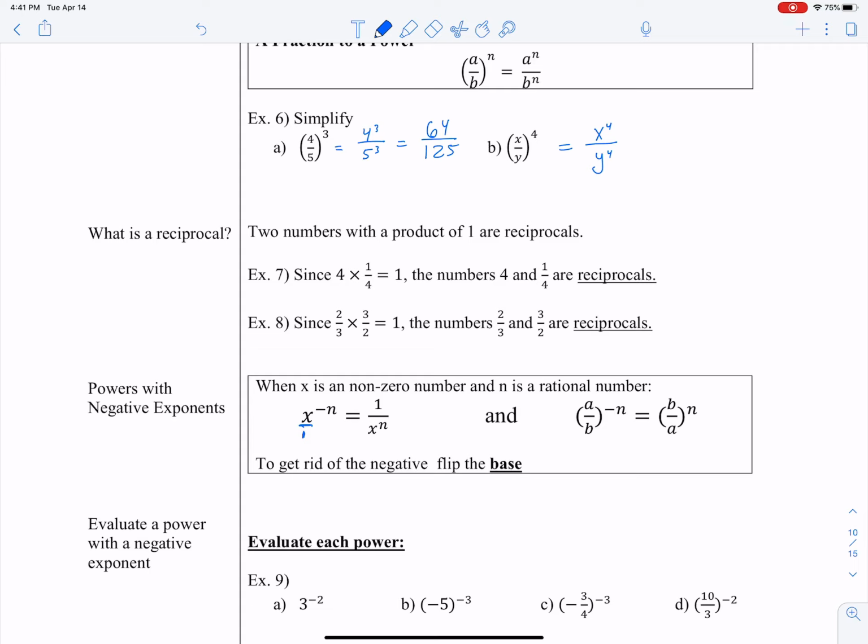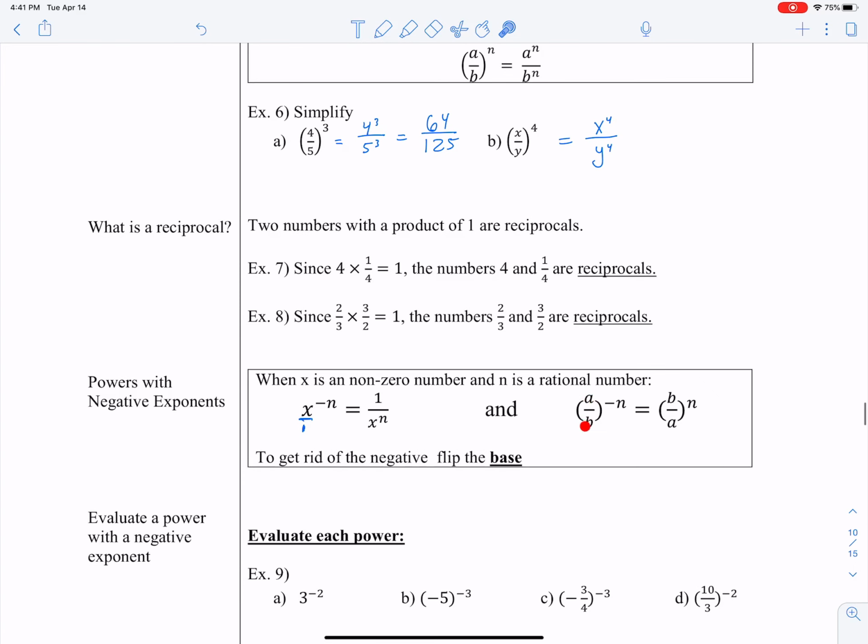When we flip it, a 1 appears on top. Okay. Here, if we already have a fraction, so there's not just a 1 on the bottom, it's an actual number, when we flip it, whatever the number was on the bottom moves to the top, whatever number was on the top moves to the bottom, and the negative disappears.